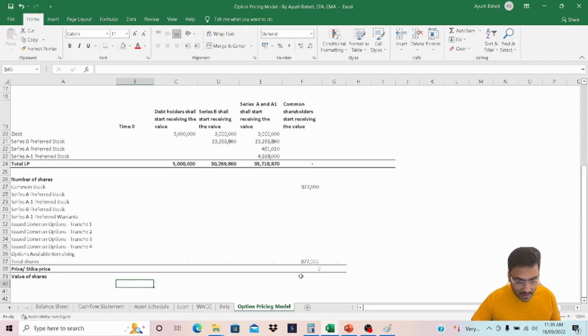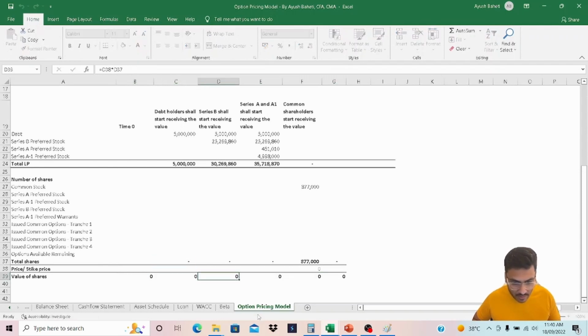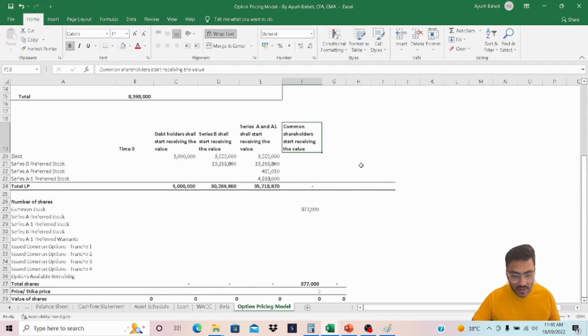So value of shares is price multiplied by total number of shares. I'll drag the formula. So right now, because the price is 0, that's why the value to equity shareholder is 0 at this stage.